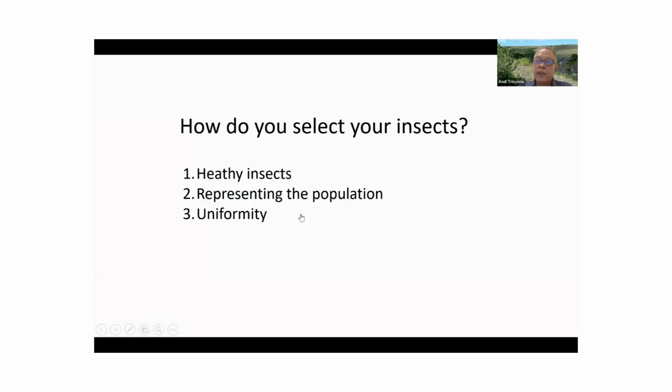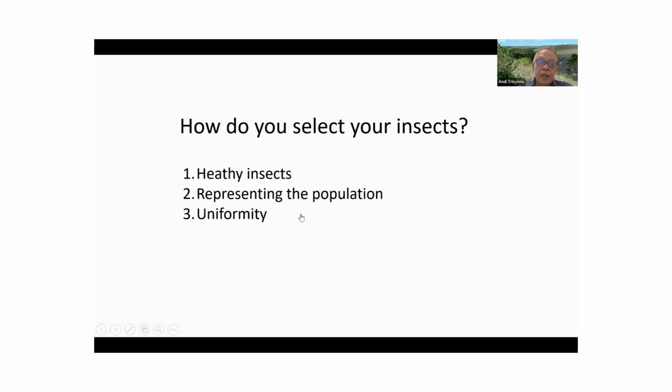So make sure that we have uniform insects. Let's say one bioassay unit has 500 larvae. All those 500 larvae must be healthy, and the same size, same age, and the same biological characteristics that we may have.